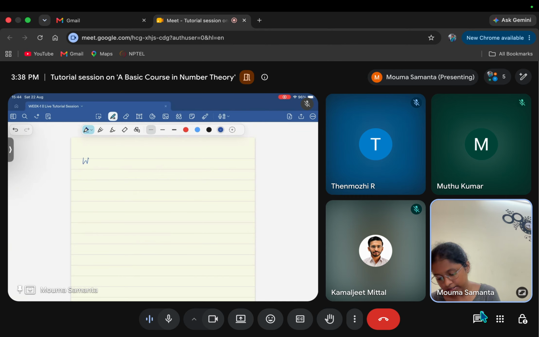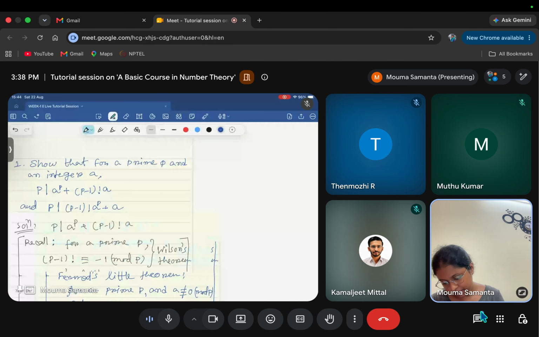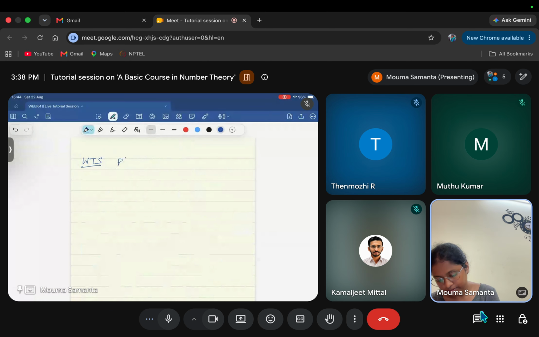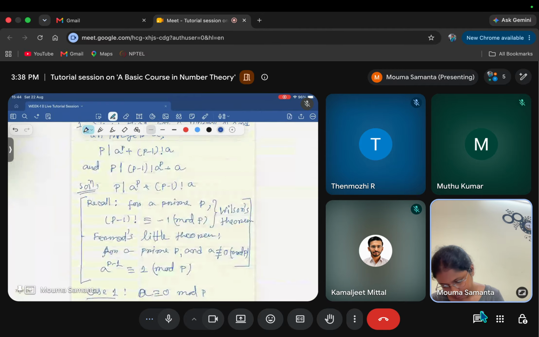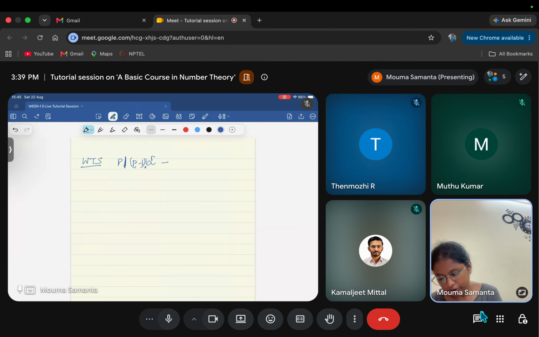The second statement is asking to show p divides p minus 1 factorial times a power p plus a.